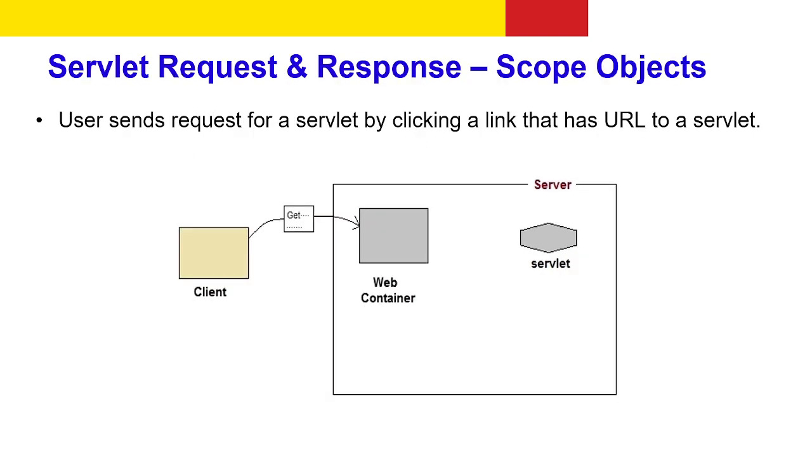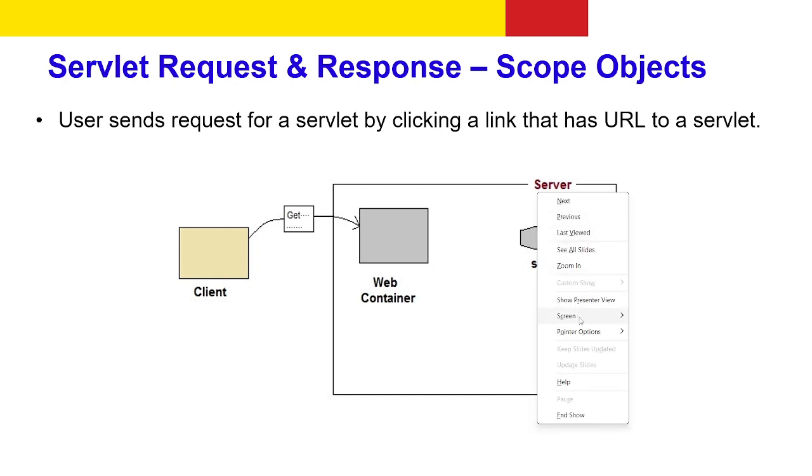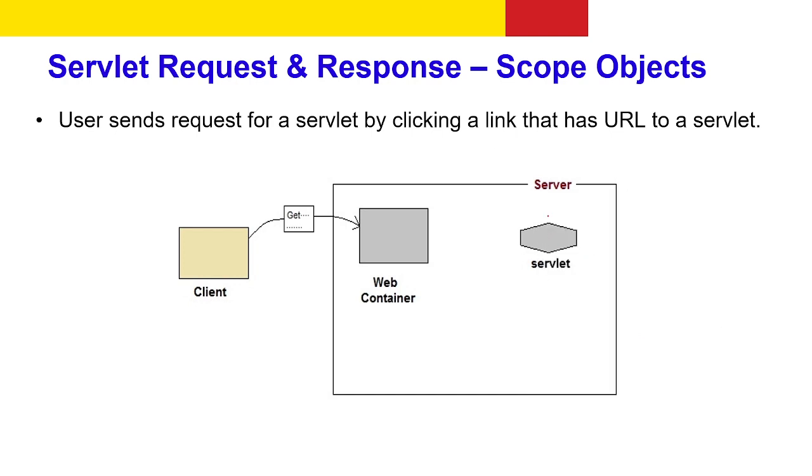Now you can see here, this is a server, and the server has a web container. So what is a web container? The component which manages servlets and JSP applications.